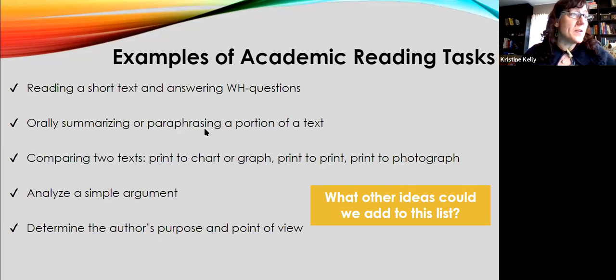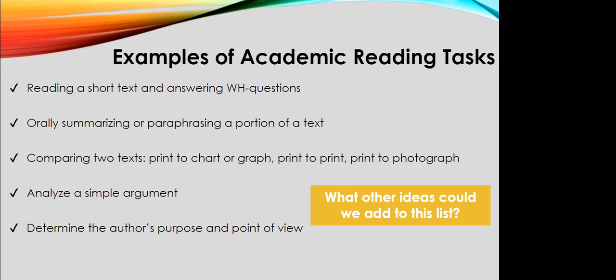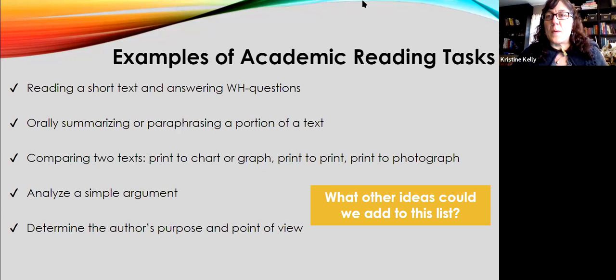So some examples of academic reading tasks. And again, we try to represent some different levels here. So reading a short text and answering who, what, where, when questions. Orally summarizing or paraphrasing a portion of text.